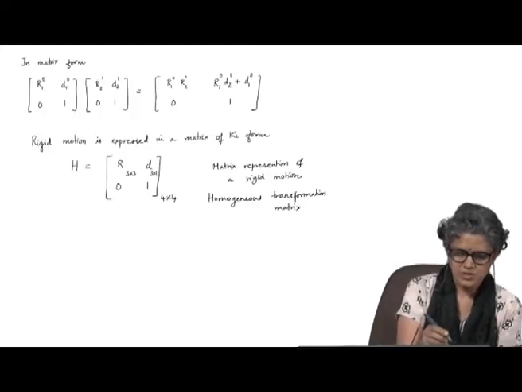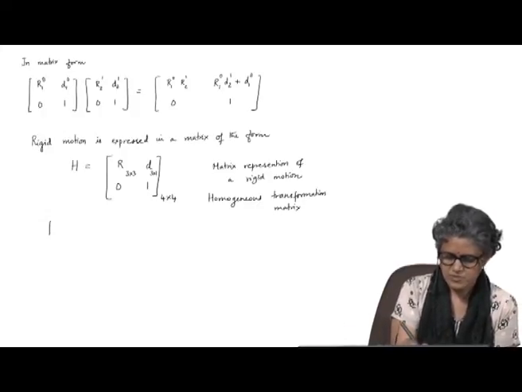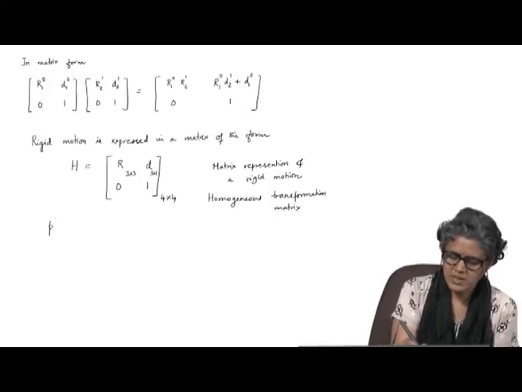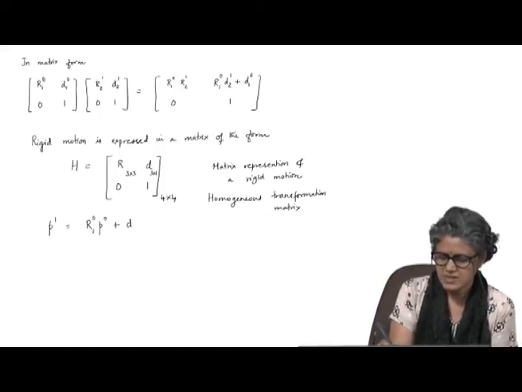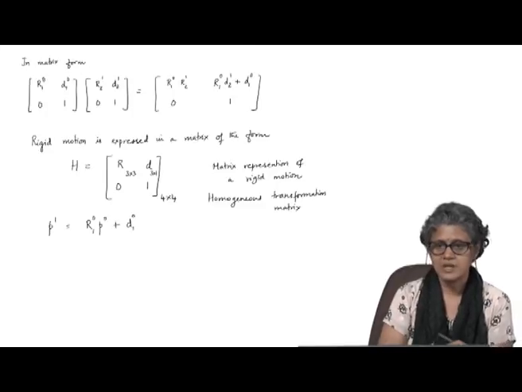So, we saw here, we have P0 equal to R10 P1 plus D10, right.